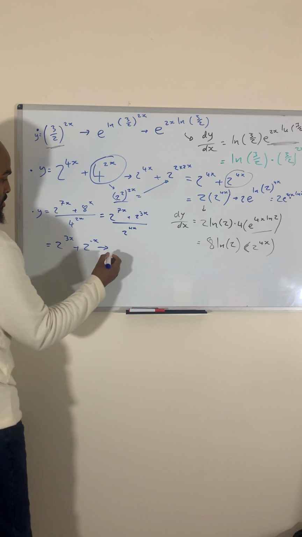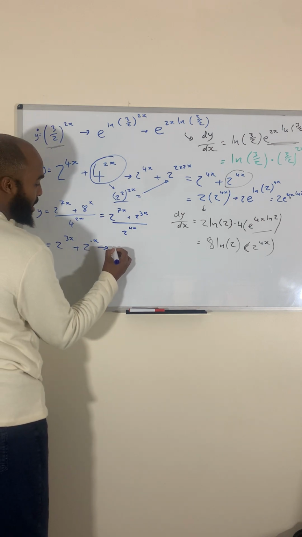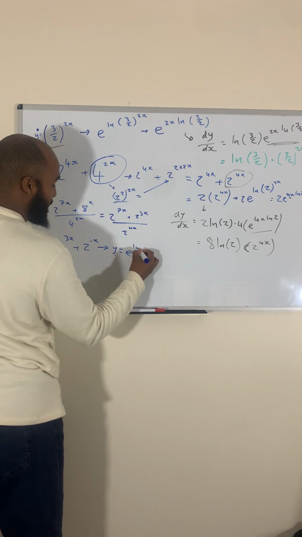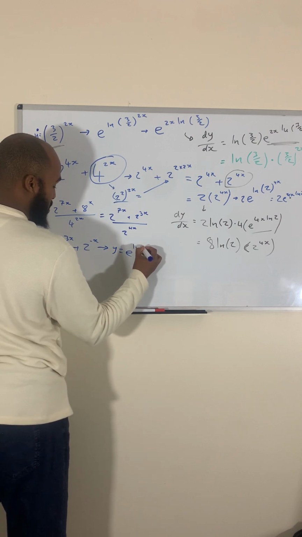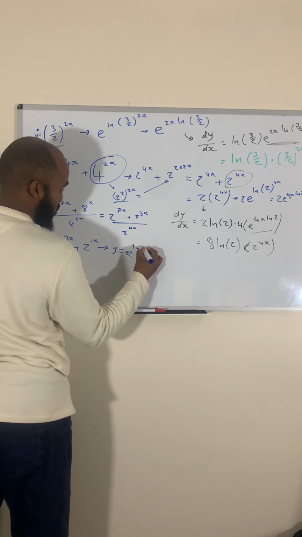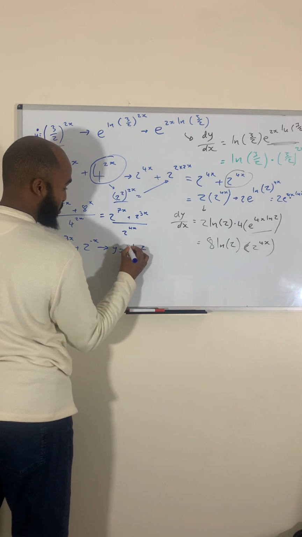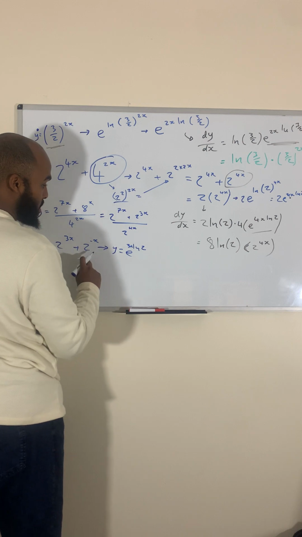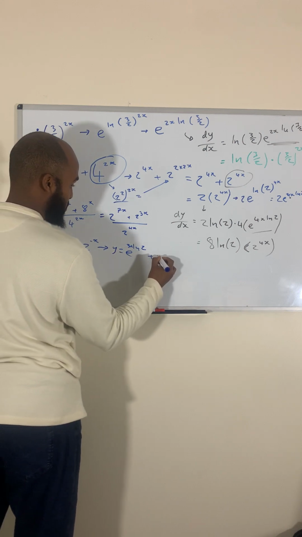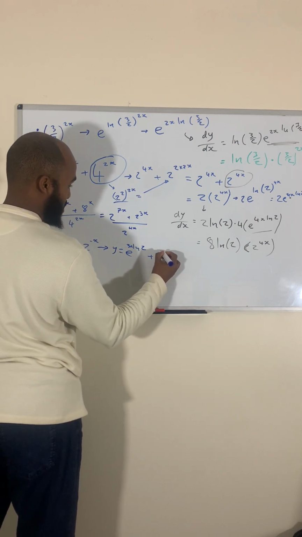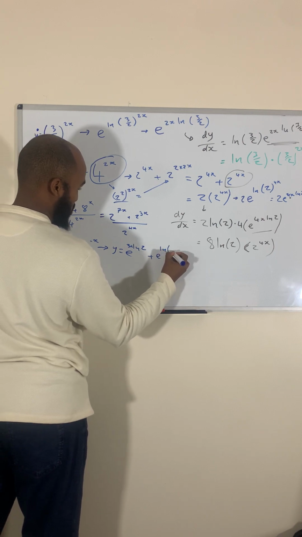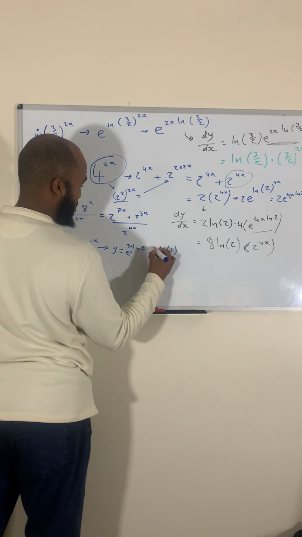So I'm going to write down y is equal to e to the ln 2 to the power of 3x. Well, 3, put 3 here just to skip some steps. And then plus e to the ln 2 to the power of minus x.